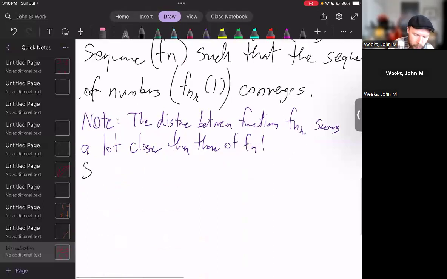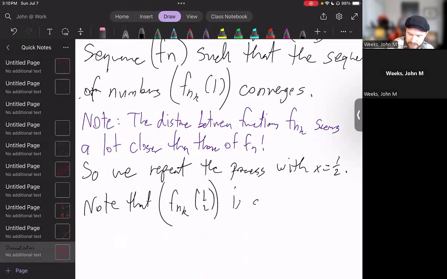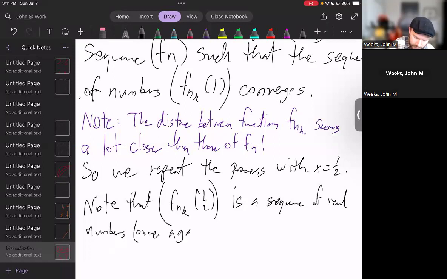So we repeat the process with x equals 1/2. And just to spell that out, note that f sub n sub k of x equals 1/2 is a sequence of real numbers, once again contained in -1 to 1.